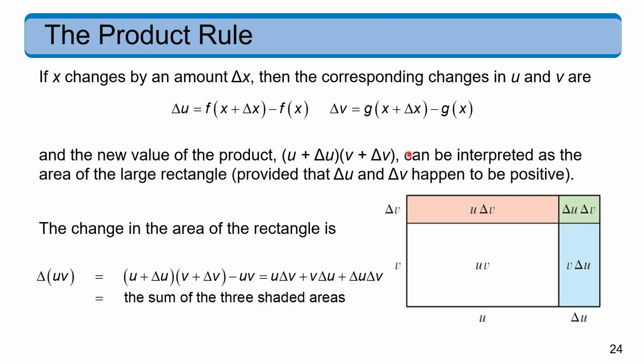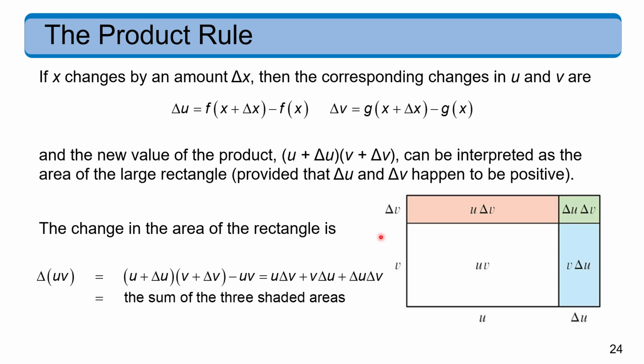And in terms of our rectangles, we can see we've added this increment to u, right? This was the original u. We've added this increment to it. And this was the original v. We added this increment to it. So now this bigger rectangle is representative of where we are in terms of the lengths after we changed x by adding delta x to it.